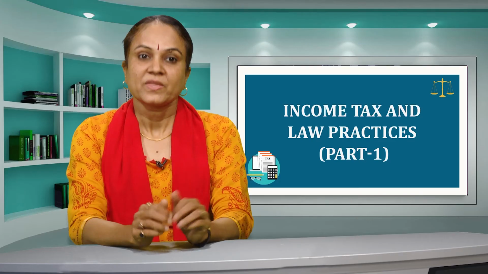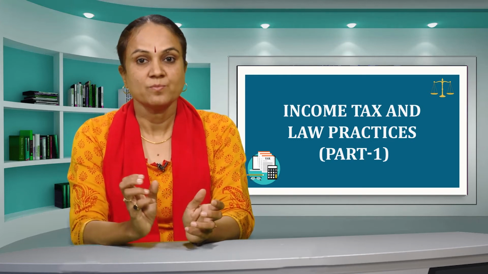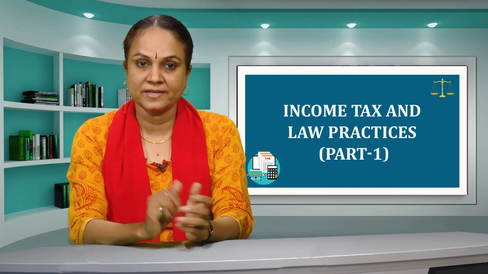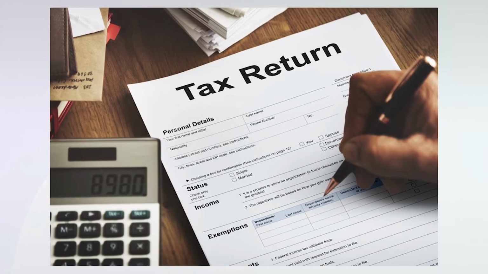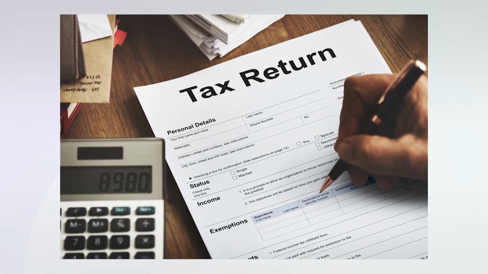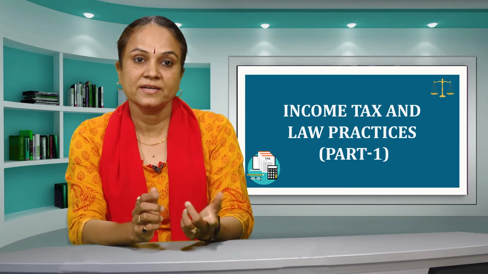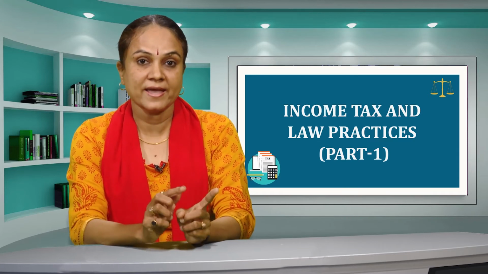For example, an employer is supposed to deduct taxes from the salary of his employees before disbursing the salary. He is then required to pay the deducted taxes to the government by the specified due date. If the employer fails to deposit the tax deducted, he will be considered as an assessee in default.